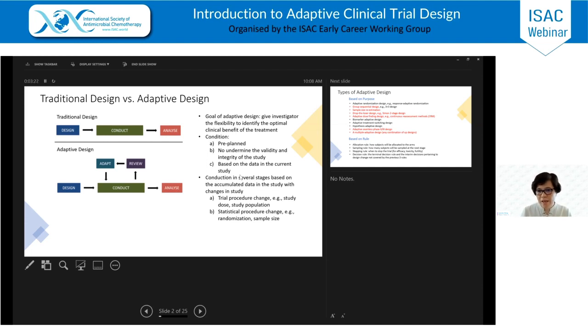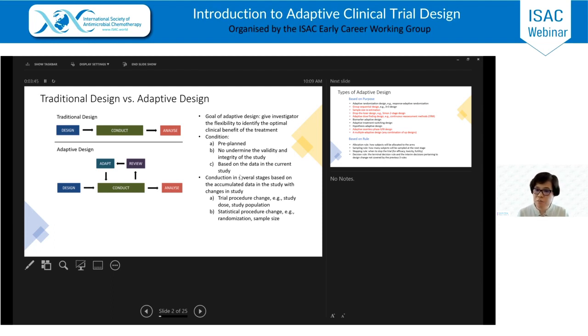The integrity means you cannot compromise the data and the trial, because you look at the data during the conduction. One important thing is you cannot leak any information. So these are the conditions.